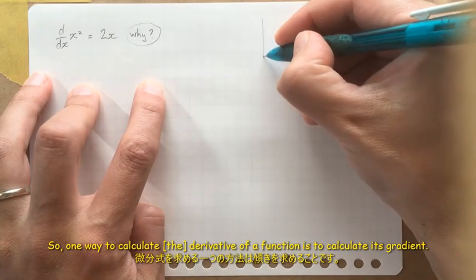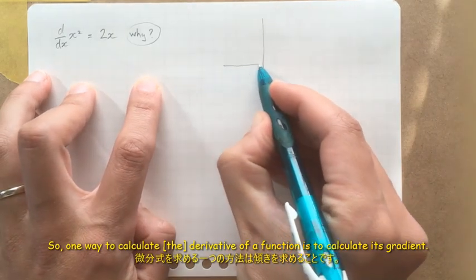So, one way to calculate a derivative of a function is to calculate its gradient.